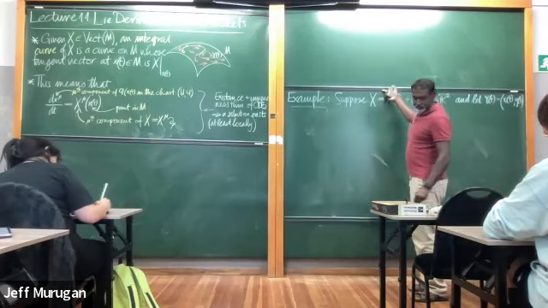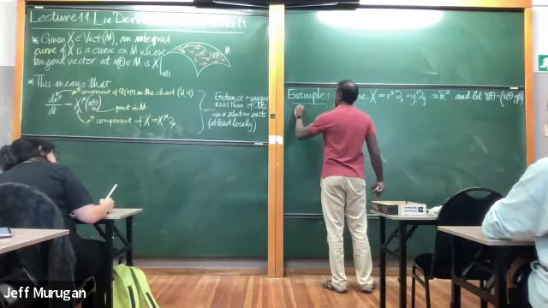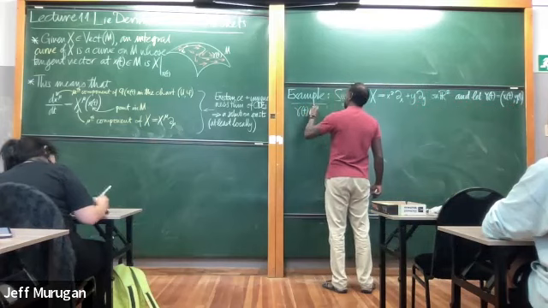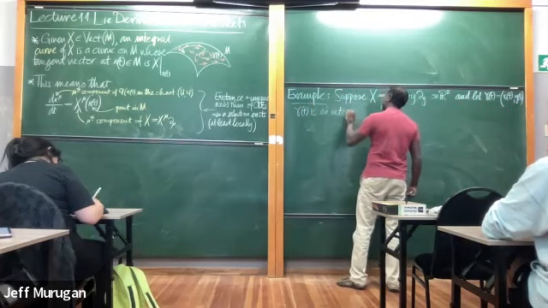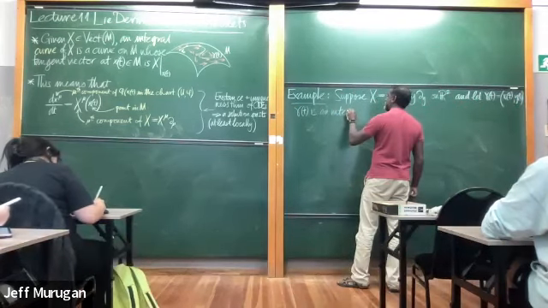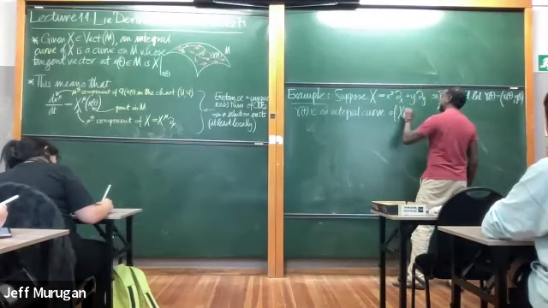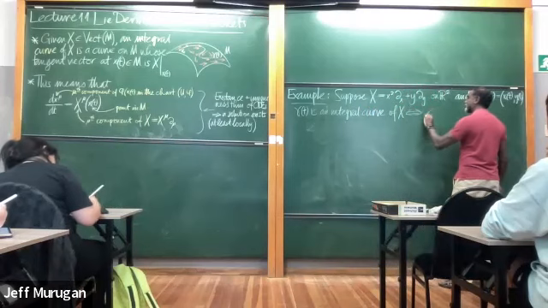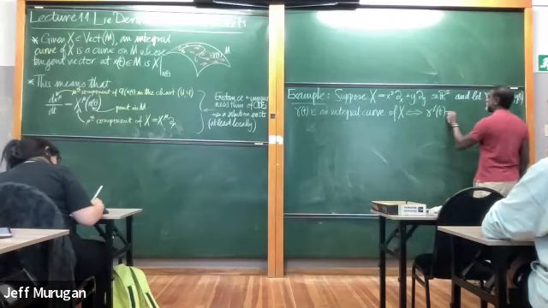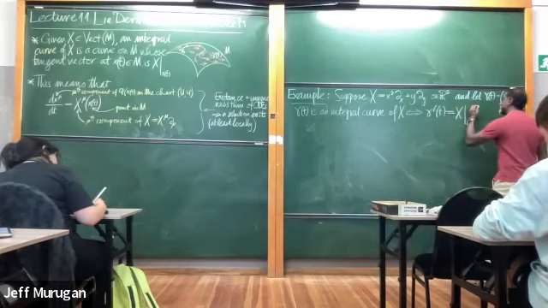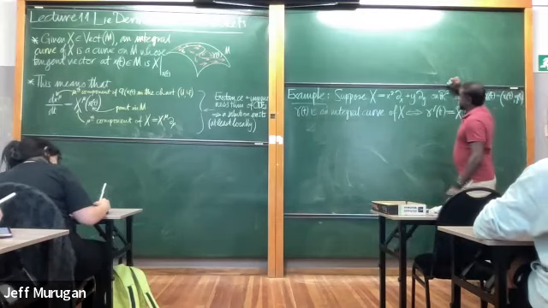Then gamma of t will be an integral curve of this particular X if and only if gamma prime of t, d gamma by dt, is X evaluated at gamma of t, which means the following.